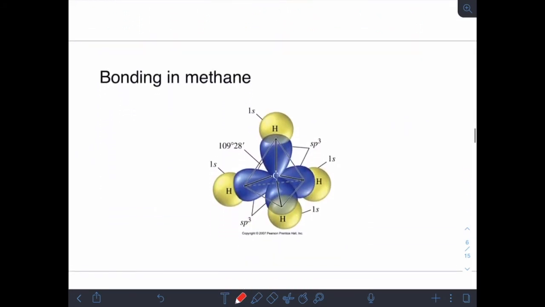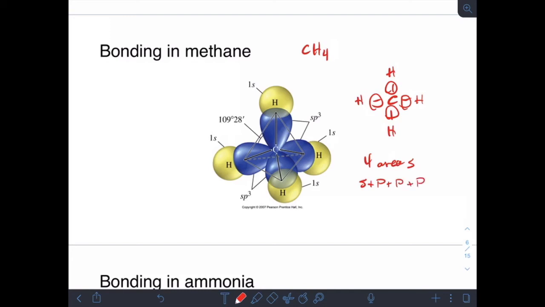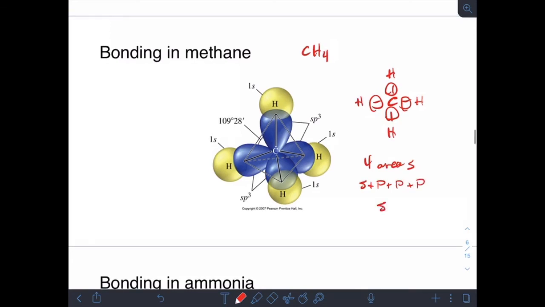Taking a look at how that plays out, methane is our CH4. If I were to draw a Lewis structure for CH4, it would come out like this. If we wanted to know what the hybridization was, we would say there's 1, 2, 3, 4 areas, so s, p, p, p. 4 things means sp3 hybrid for that carbon.